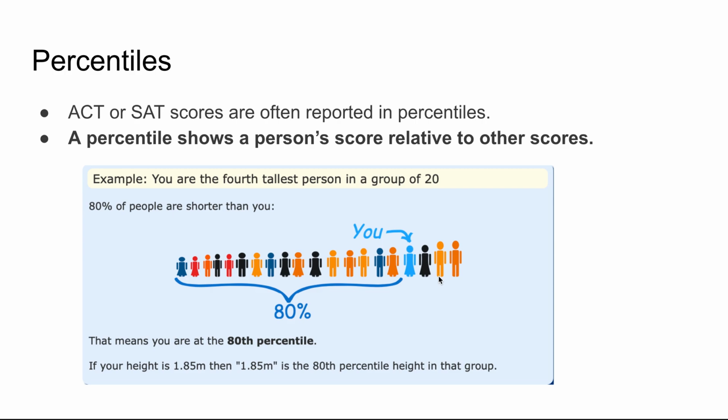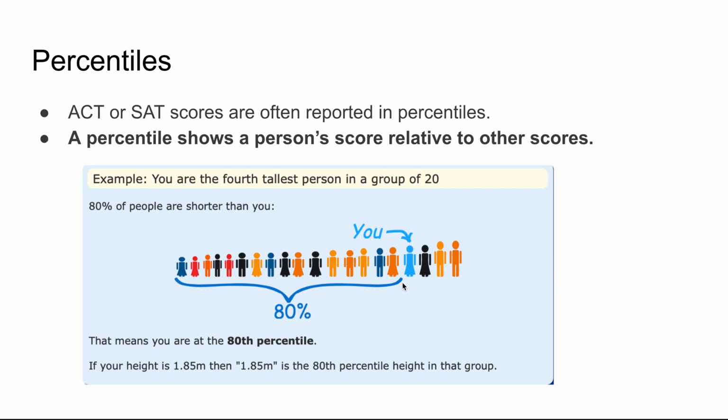How about this person? He's going to be 90th percentile, which is higher than you, right? So if you think about scores instead, let's suppose this guy has the highest score and this person has the lowest score. And this is you.